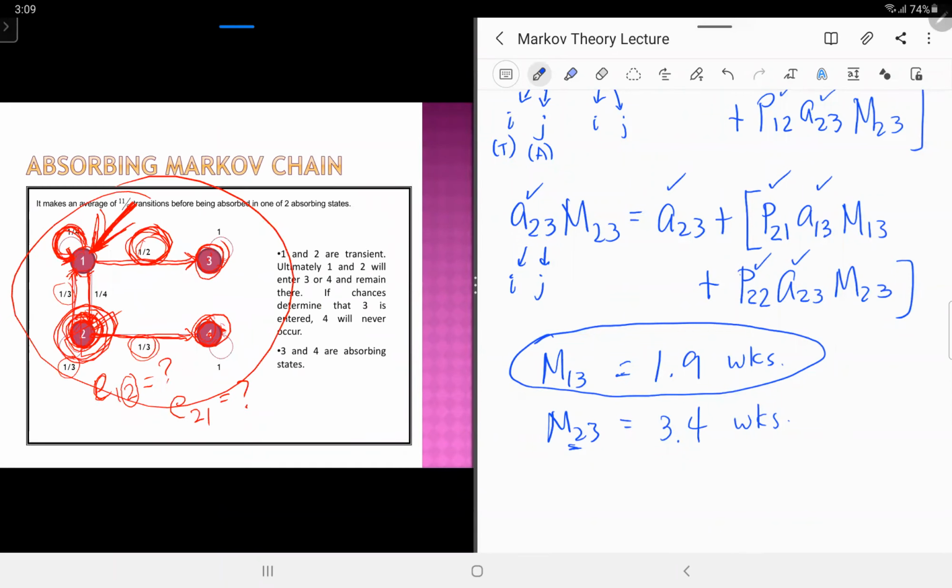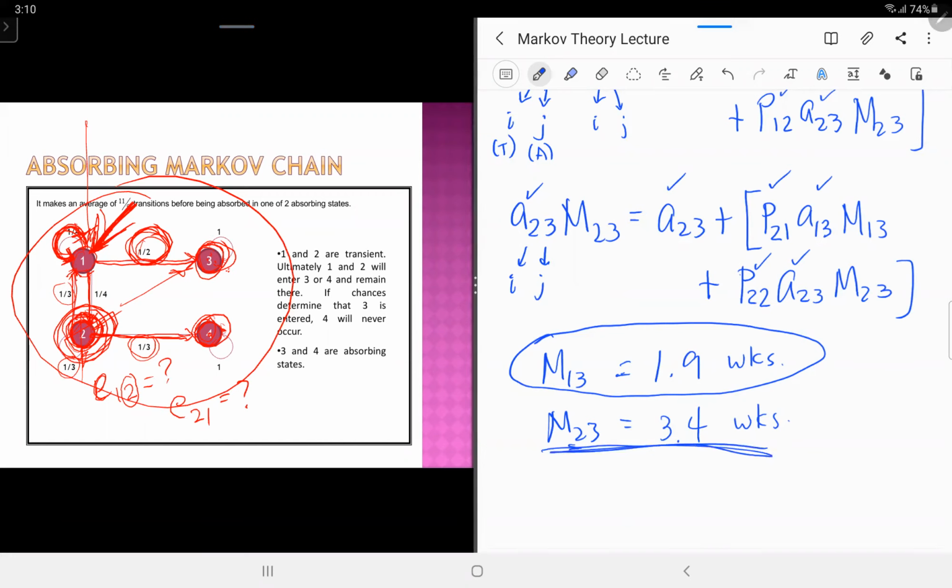If you are in transient state 1, it takes you around 2 transitions before getting here. But if you're in transient state 2, it takes you more transitions before you actually get to be absorbed in 3. On the average, it gets you around 3 to 4 transitions before you get there.